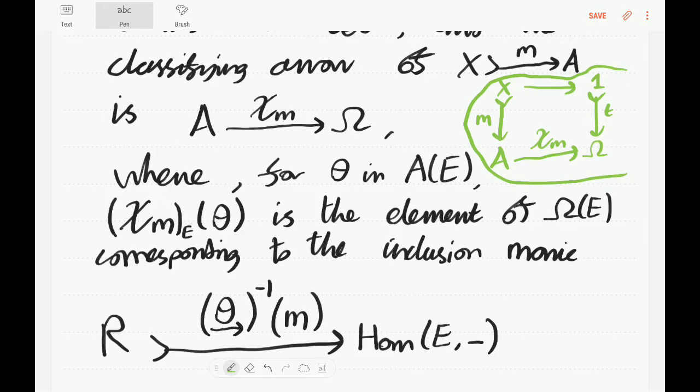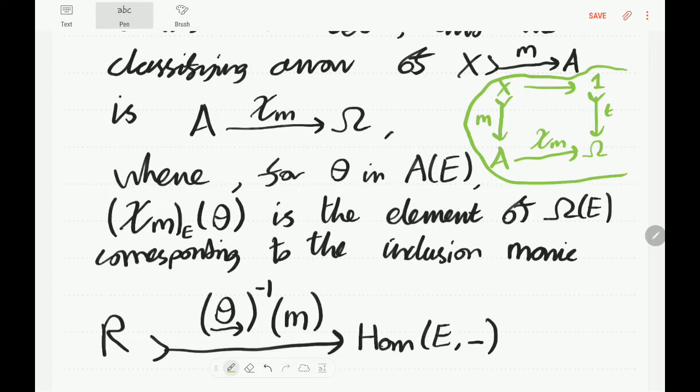That's one of the requirements we have of a sub-object classifier, that given any monic, there's just a unique arrow from the target of that monic into omega, such that pulling true back along that classifying arrow gives us back our monic.